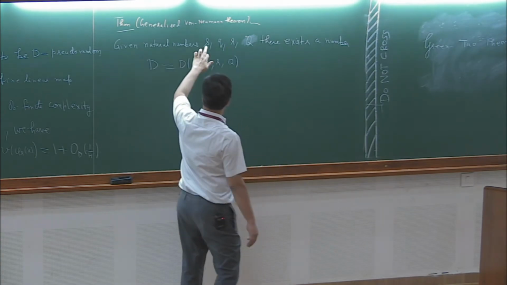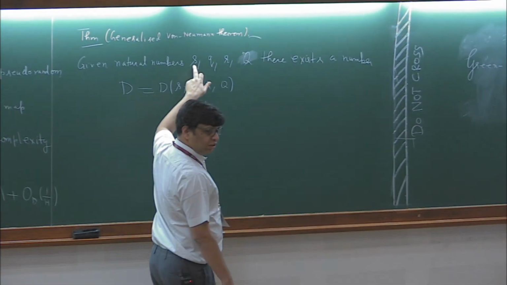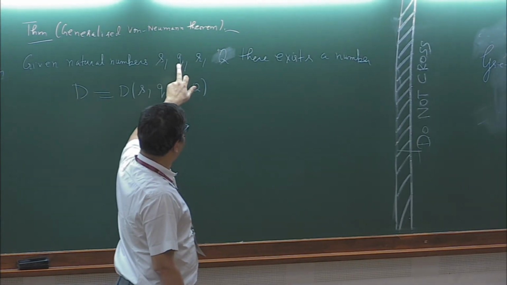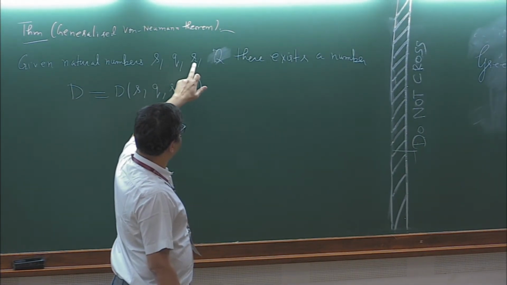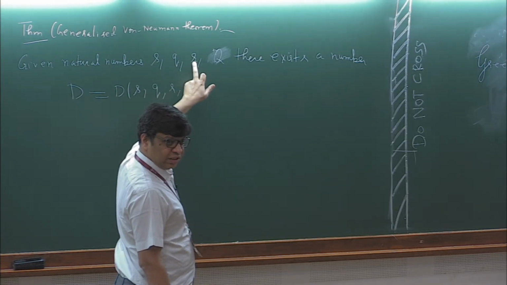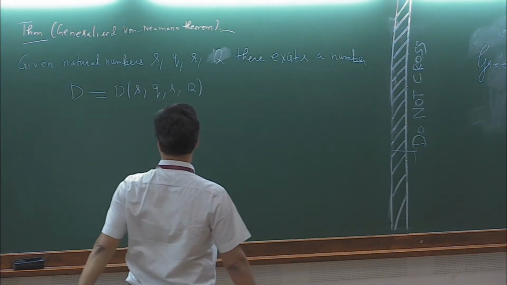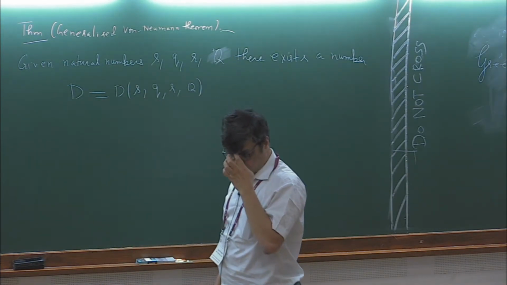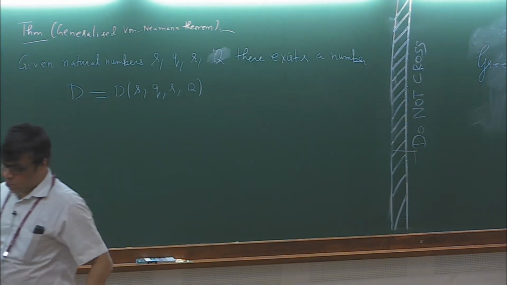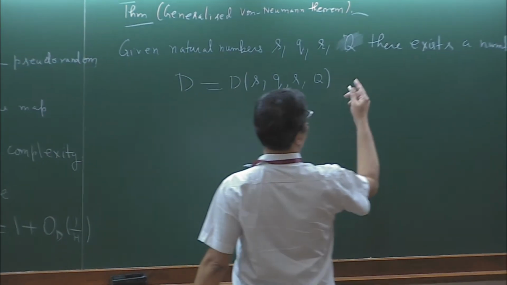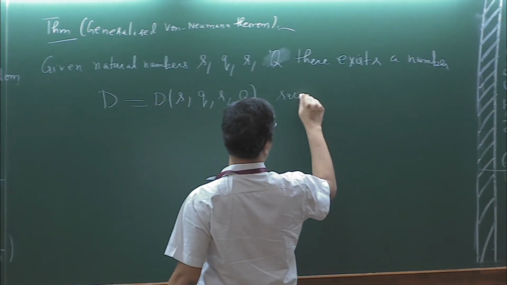So this parameter is for the complexity, this is for the dimension of the domain, this is for the dimension of the range, and this is for the upper bound for the norm of the things. So given all these things, such that the following holds.